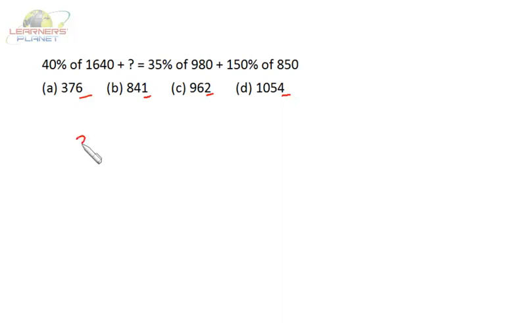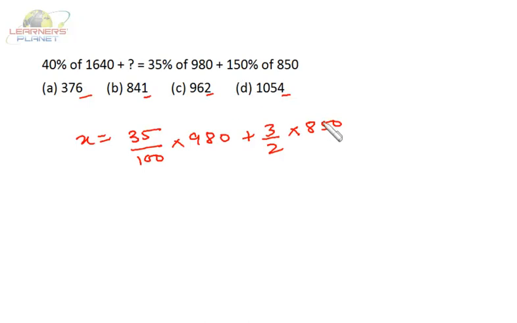So x is equal to 35% of 980, that is 35 by 100 into 980 plus 3 by 2 of 850, that is 150%, minus 40% of 1640.